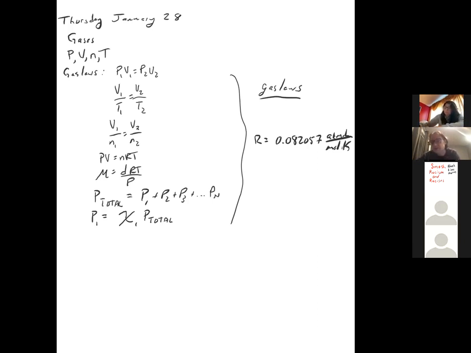theory of gases, right? So a law, in the scientific community, is really just an observation of a pattern that is observed over and over again.